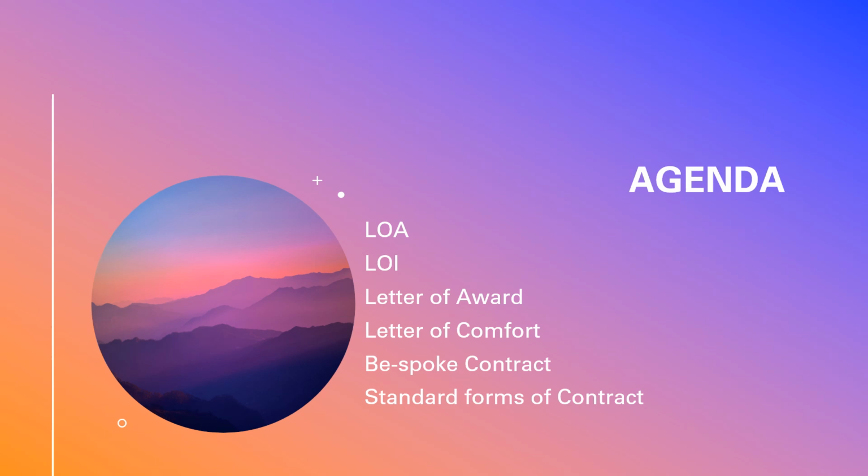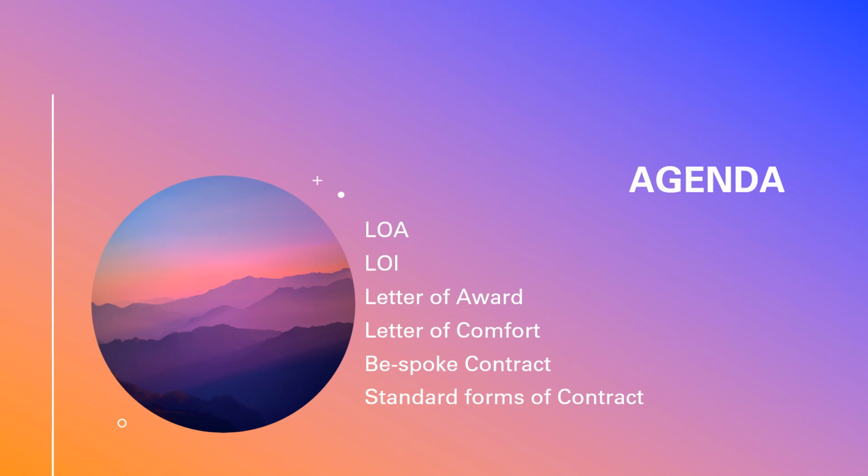This amended form of contract is called a bespoke form of contract. It's not based on any standard form of contract. Sometimes you will have the FIDIC general conditions and then change everything in them, and it is still called a bespoke form of contract.